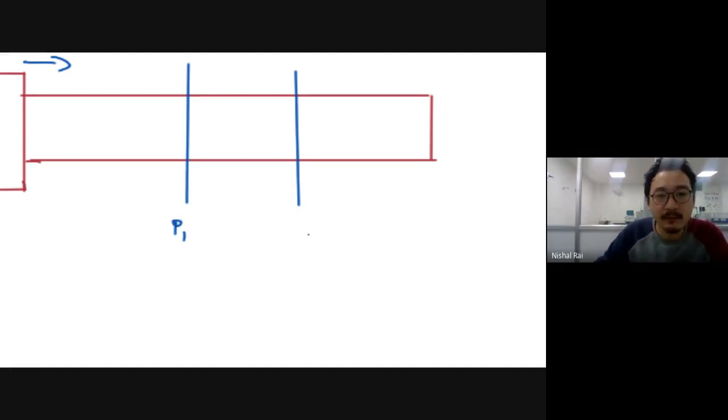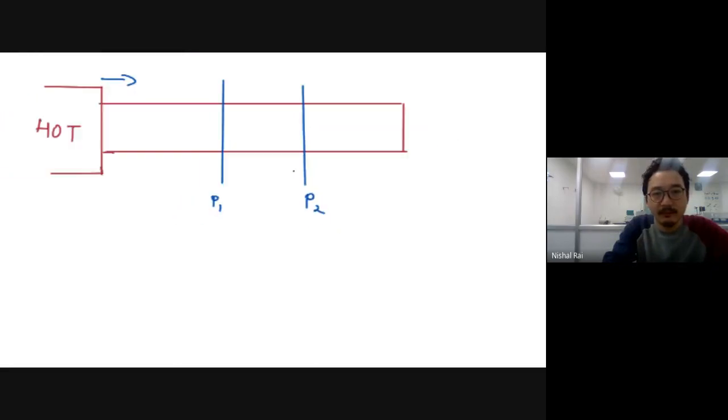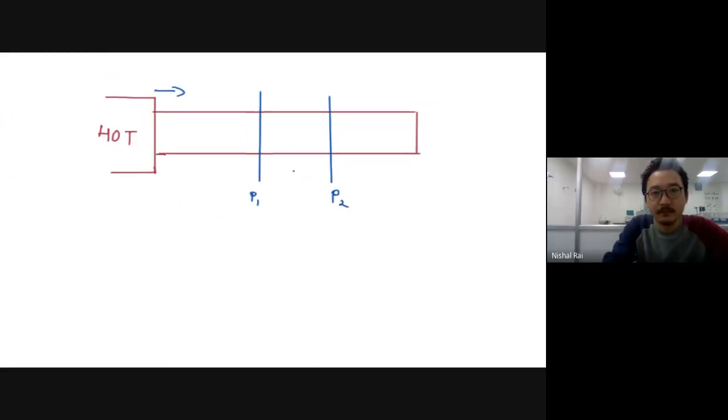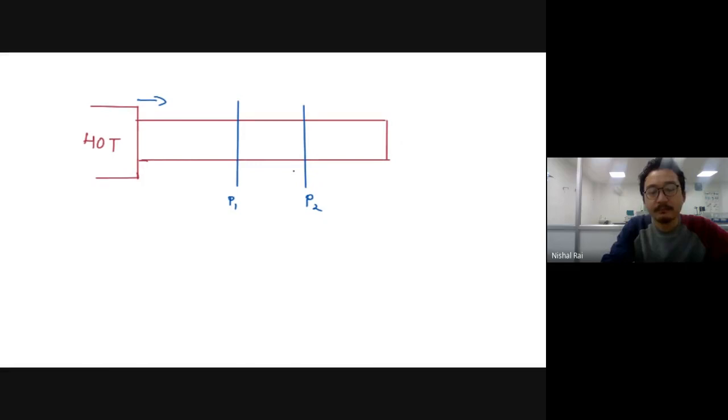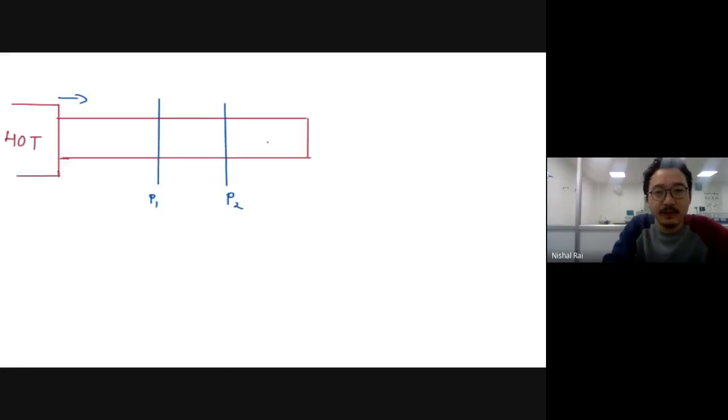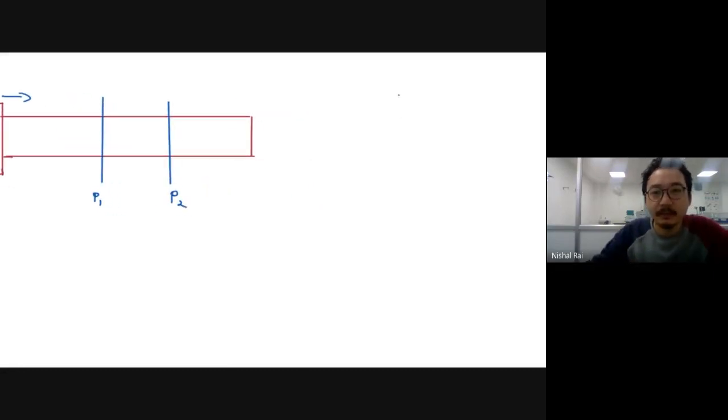Why am I calling it a plane? Because this is your bar. So your bar is three-dimensional. Now if I cut a bar, each face will have a plane. Is it clear?